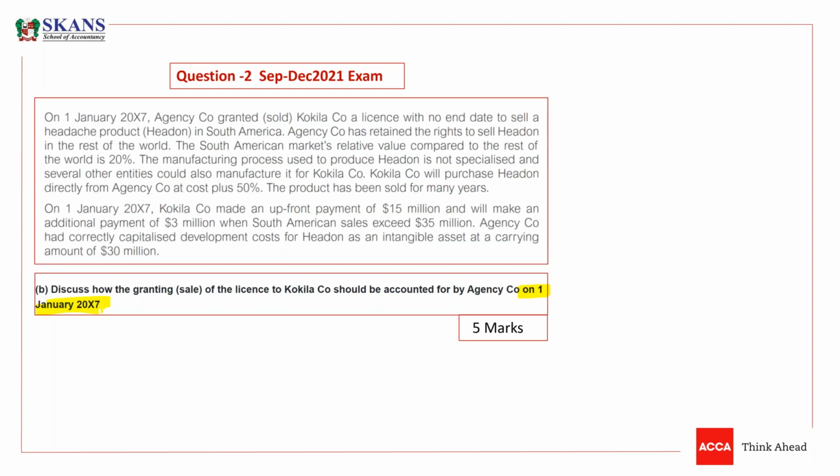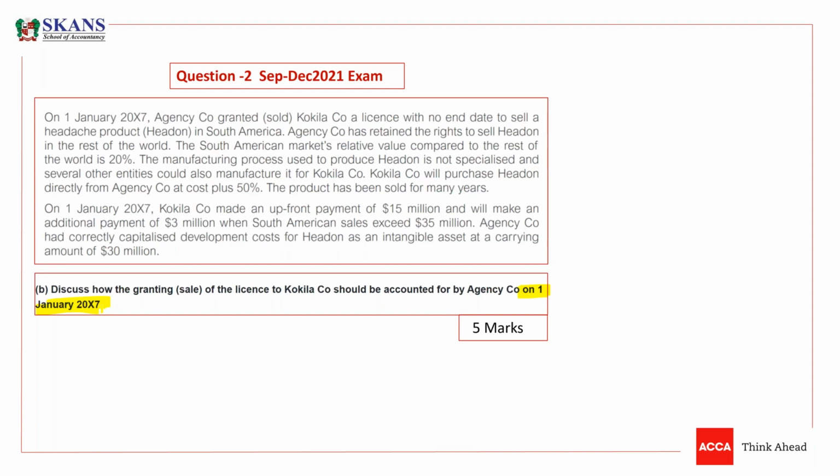So they have granted a license, a permission to sell a product in South America. Basically, it's a medicine for headache. Agency company has retained the right to sell Head-on in the rest of the world. So the remaining license belongs to us. We can sell everywhere in the world except South America.